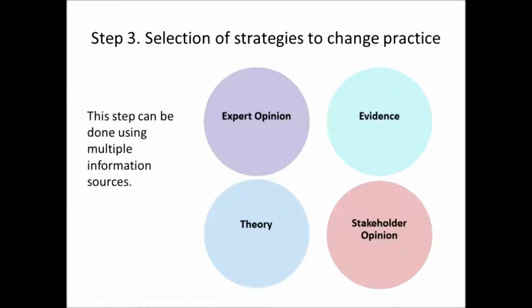So step 3, once you've identified a particular barrier, if you map to the TDF or to any other framework, the idea is that you select a strategy that you think is most appropriate to target that particular barrier. If it was beliefs about capabilities, generally you can look at the evidence and theory, and there's what I'm going to call a workbook, for lack of a better word.